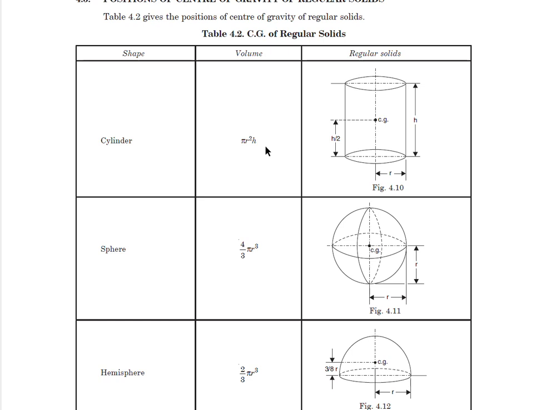So we are discussing the volume only here. You can very well find the location by seeing this figure of a cylinder. It is at the center point, both in the x y direction as well as in the vertical direction.